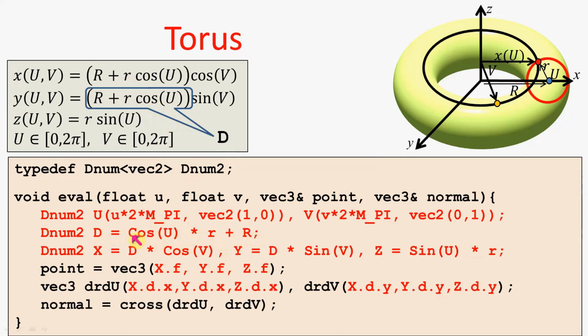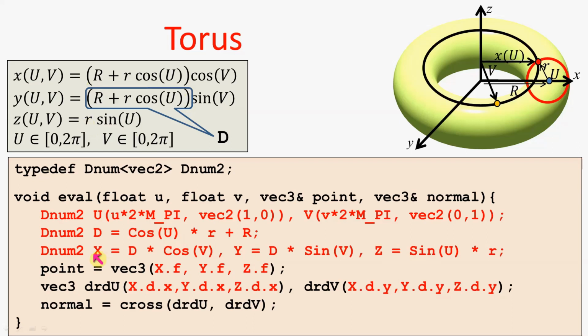We have to use the cosine function with uppercase initial because we want that version that expects dual numbers and also outputs dual numbers. When d is available, we can evaluate the Cartesian coordinates by the direct implementation of the developed formulae. So for example, x is just d times cosine v, y is d times sine v, and z is sine u multiplied by lowercase r.